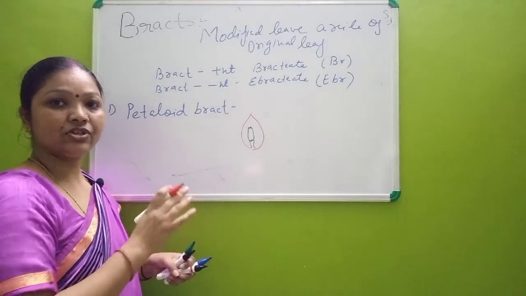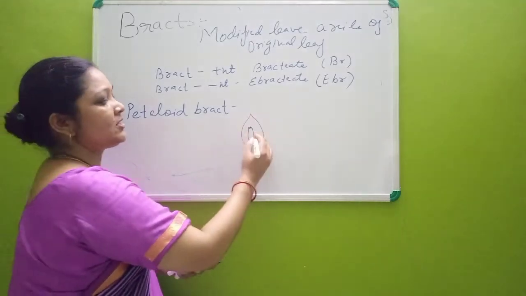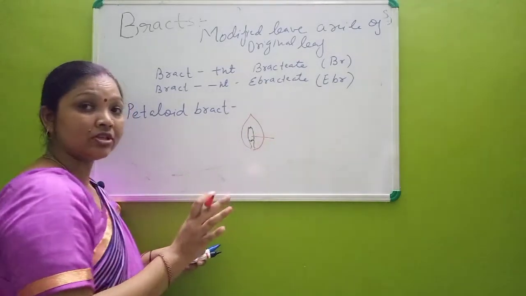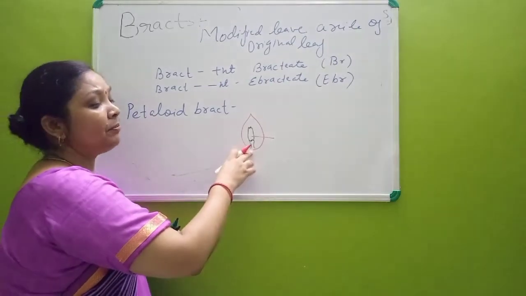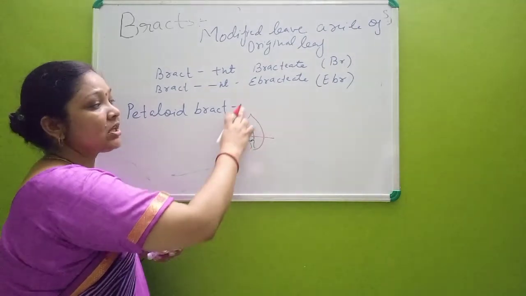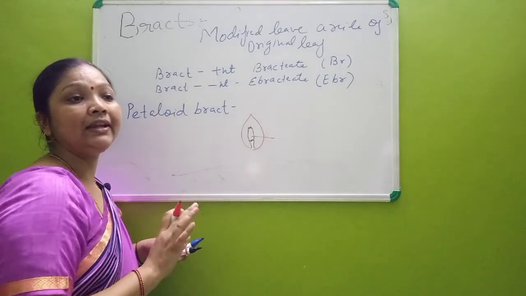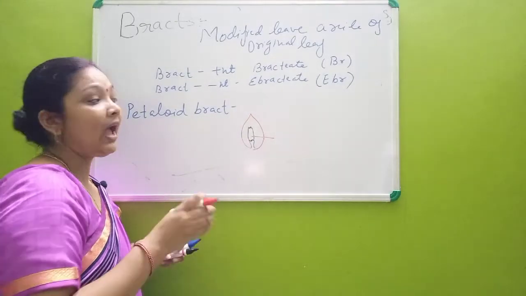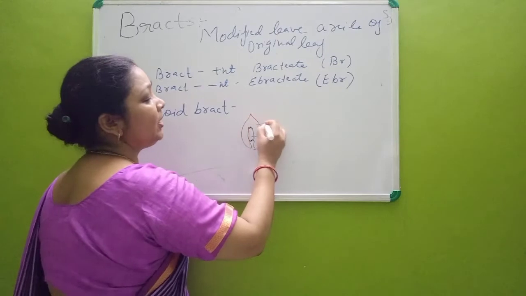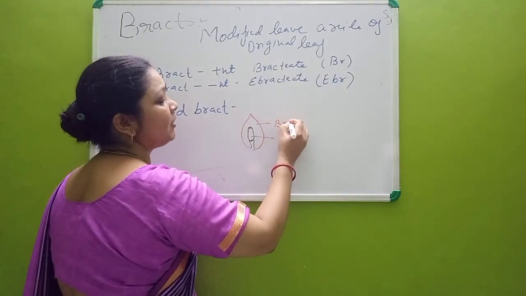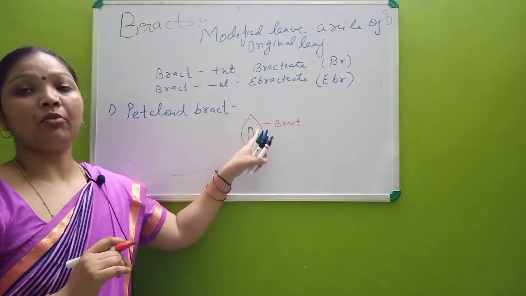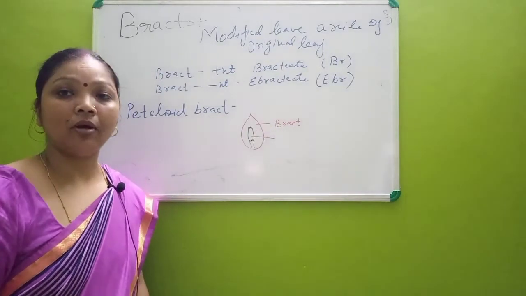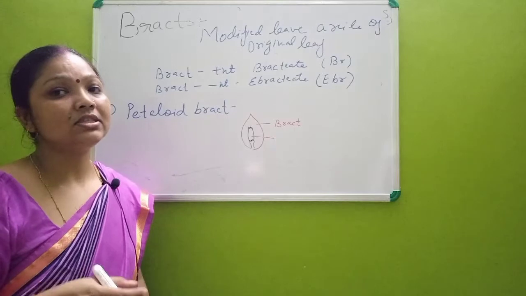The floral structure is inconspicuous and cannot attract insects, but the bract covers it, is brightly colored, and attracts the pollinating agent. So it modifies into a petal-like form to attract the insect.